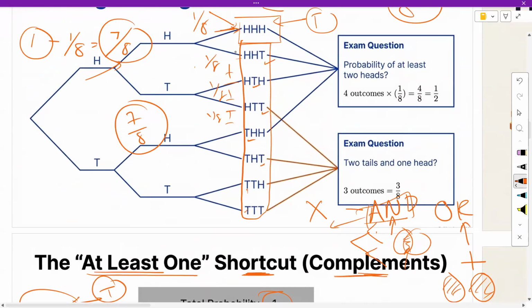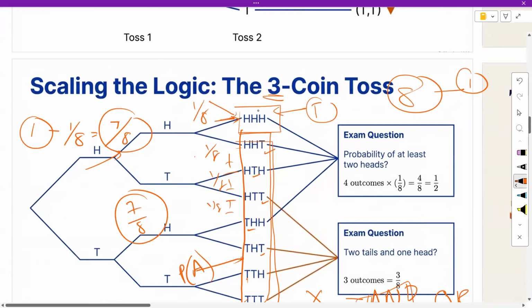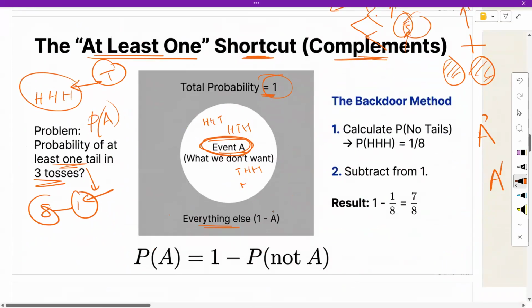All these possible combinations come under the probability of A. And this is the probability of A complement. So we can easily calculate this area.